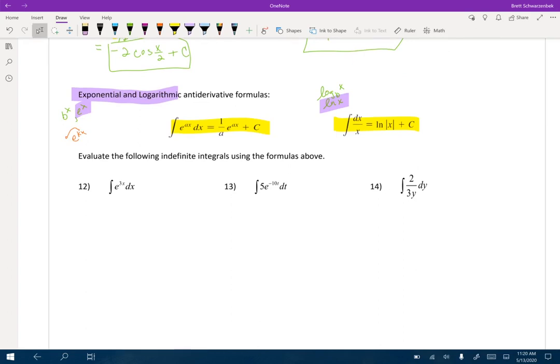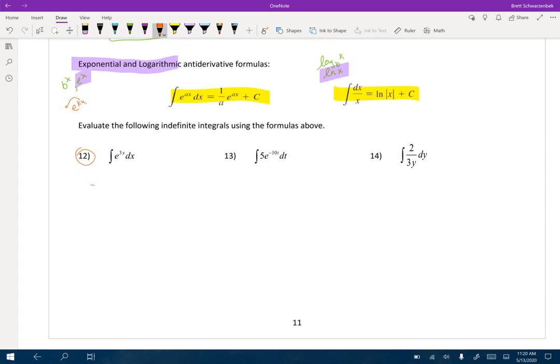So let's do an example. If we have e to the 3x, that means the antiderivative is going to be 1 over our a, which is 3, e to the 3x plus c. Super simple. Quick. No problem. Now, again, if you want to prove this to yourself, then what would you do? You would take the derivative of this entire boxed quantity.